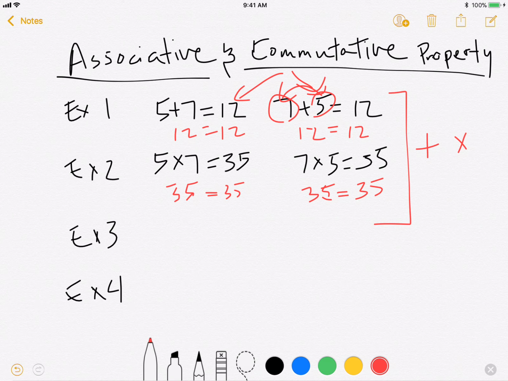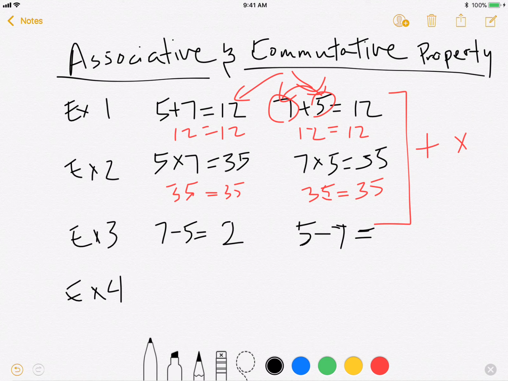So now let's come down to the next 2 examples and go ahead and write these down. What about if we take 7 minus 5 equals 2, and 5 minus 7 equals, what do you think?